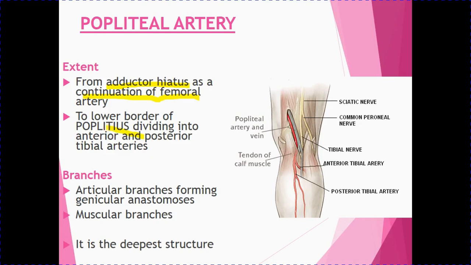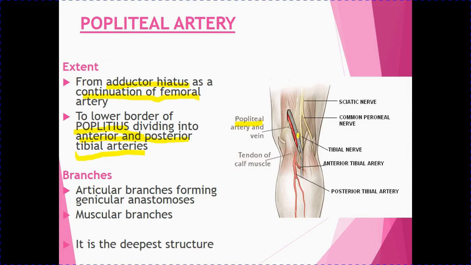It runs up to the lower border of the popliteus muscle, and here it divides into the anterior and the posterior tibial arteries. So what happens? This is the popliteal artery. It leaves the adductor hiatus.